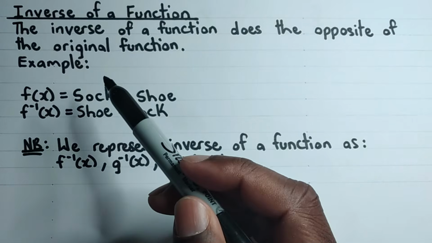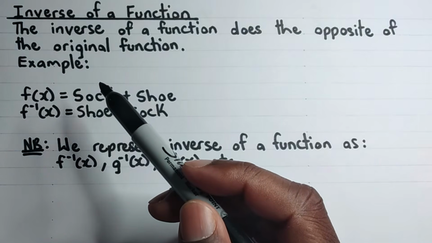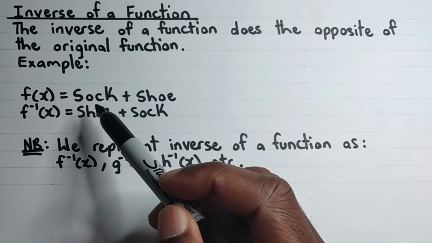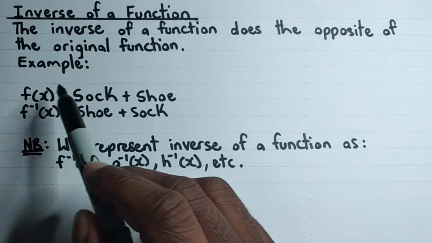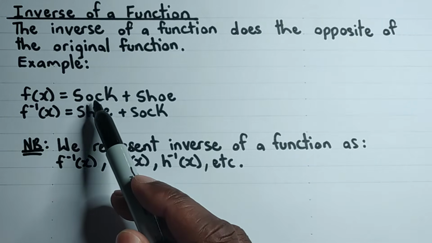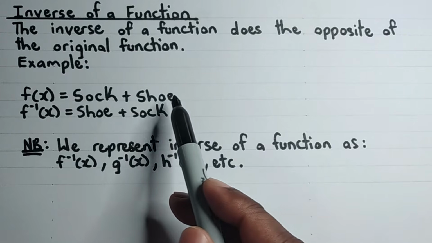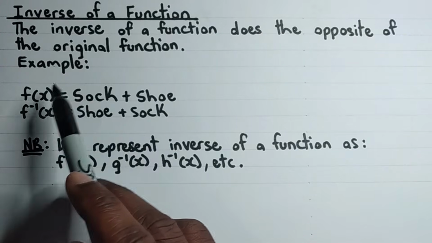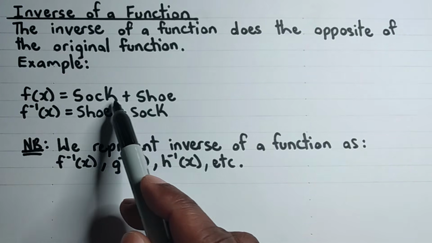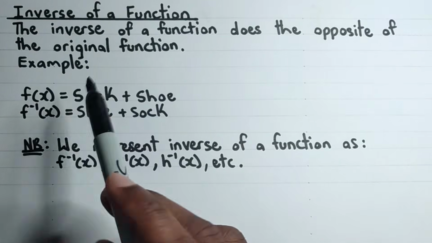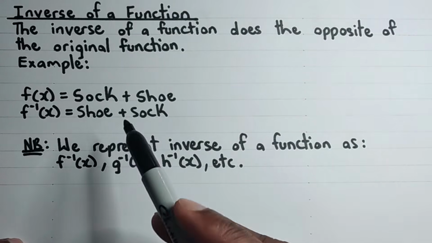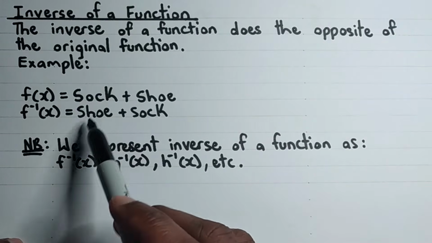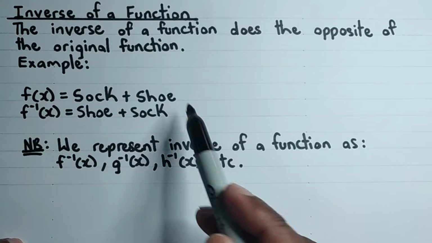For example, let's say you were getting dressed, and we are just talking about your sock and your shoe. When you're getting dressed, the original function would be that you put on your sock first, then you put on your shoe. So the original function would be sock plus shoe. The inverse of that would be the opposite, which is getting undressed: you take off your shoe first, then your sock.